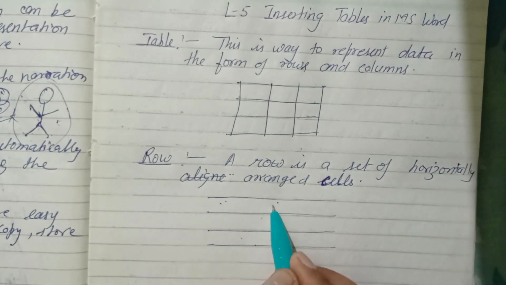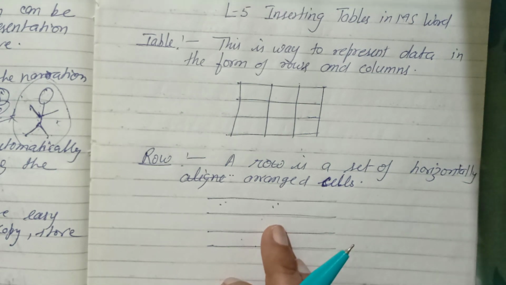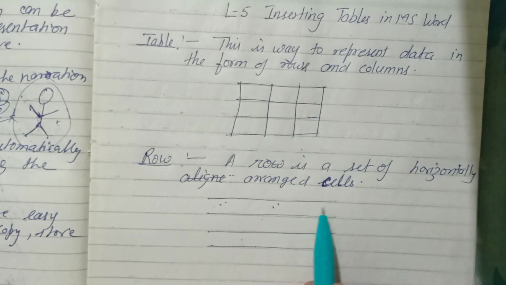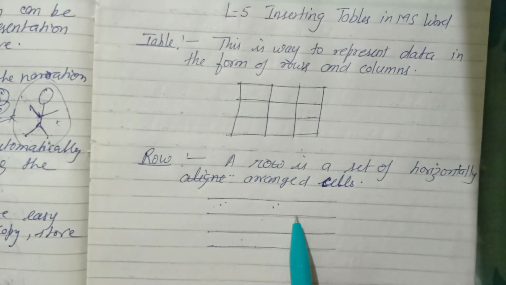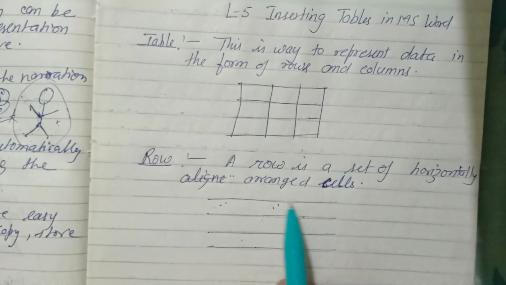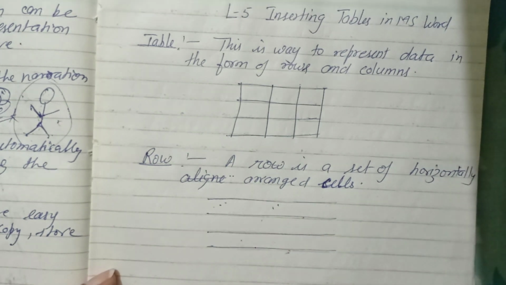So what is a row? A row is a set of cells which have been arranged horizontally. एक रोज का सेट है, सेल्स का सेट है जो हॉरिजॉन्टली अरेंज्ड किए गए हैं, इनको हम बोलते हैं रो. What is a row? A row is a set of horizontally arranged cells, right?